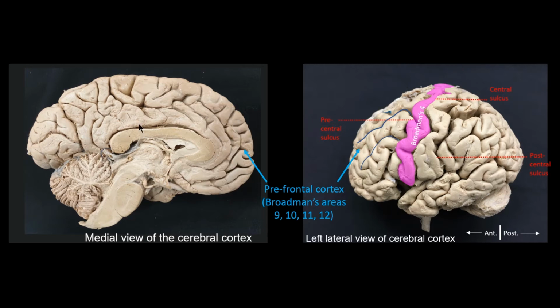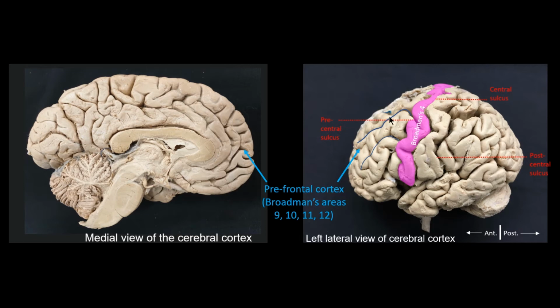Then we can see another C-shaped gyrus over here, which is clasping the corpus callosum. This C-shaped gyrus is known as the cingulate gyrus, and the anterior part of that cingulate gyrus is part of the prefrontal cortex as well.